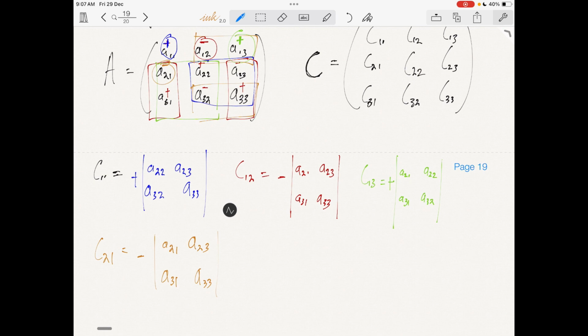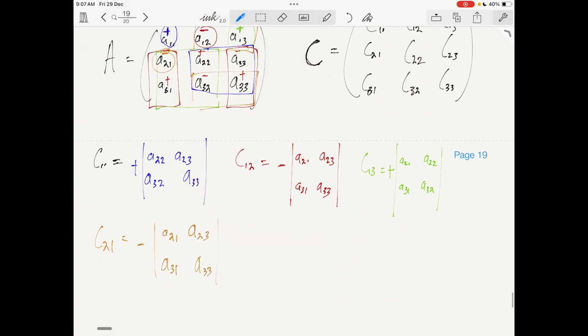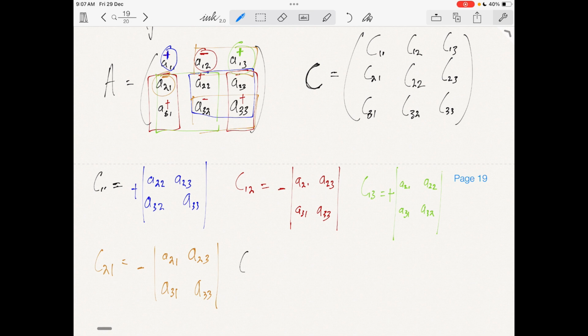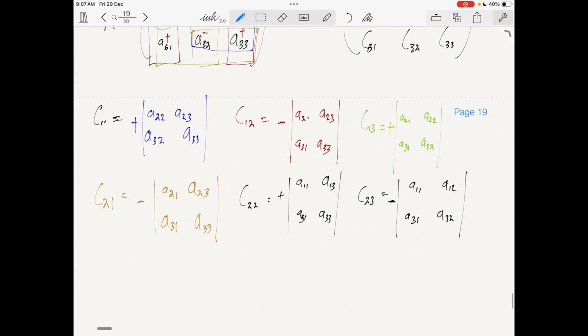We can go on like that. To evaluate C22, it will be plus the determinant of A11, A13, A31, A33. We do the same for C23: we will be left with A11, A12, A31, A32, and remember the sign on A23 is minus. We do the same thing for C31.